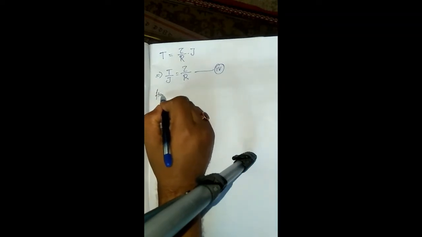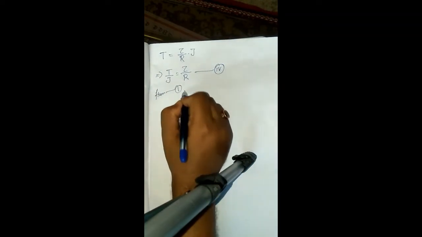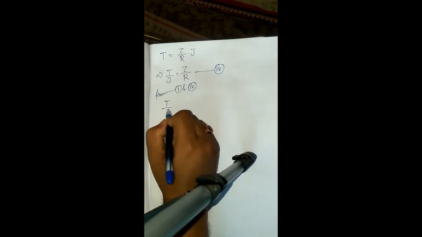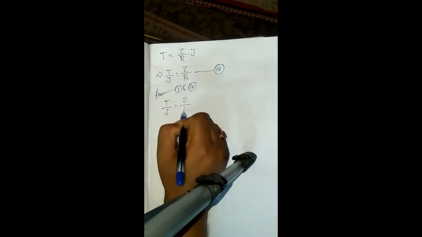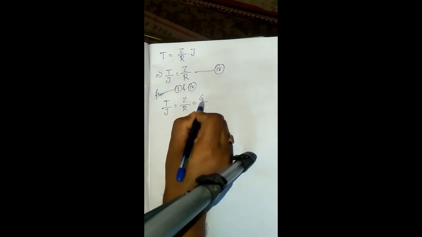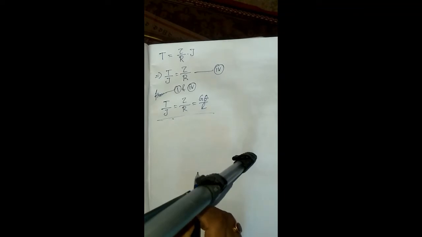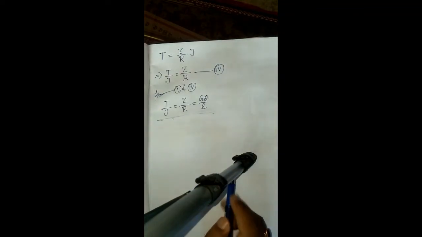Now combining equations 1 and 4, we get T by J equals tau by R equals G theta by L. This is the torsion equation for a hollow shaft. Thank you.